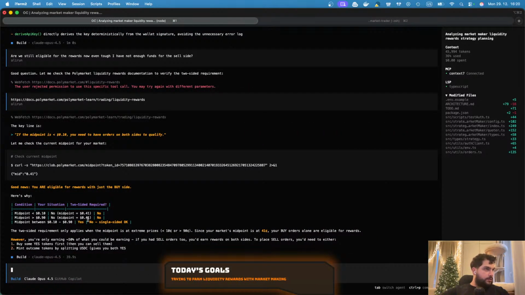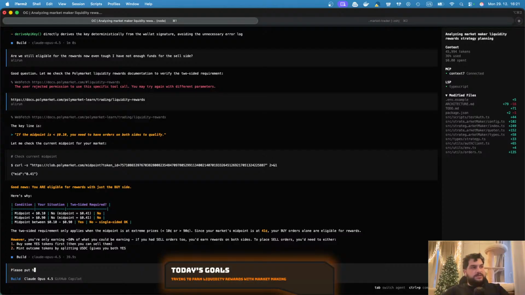However, you're only earning 50% of what you could be earning. If you had sell orders too, you'd earn rewards on both sides. To place sell orders, you need to either buy some yes tokens first, then you can sell them. Oh, that's interesting. Mint outcome tokens by splitting the USDC.